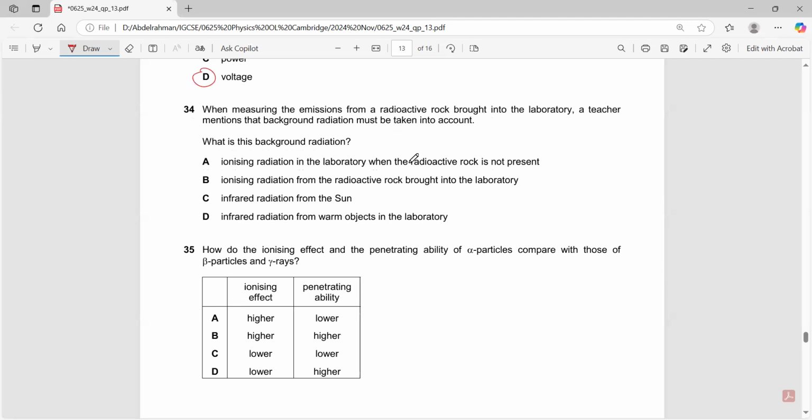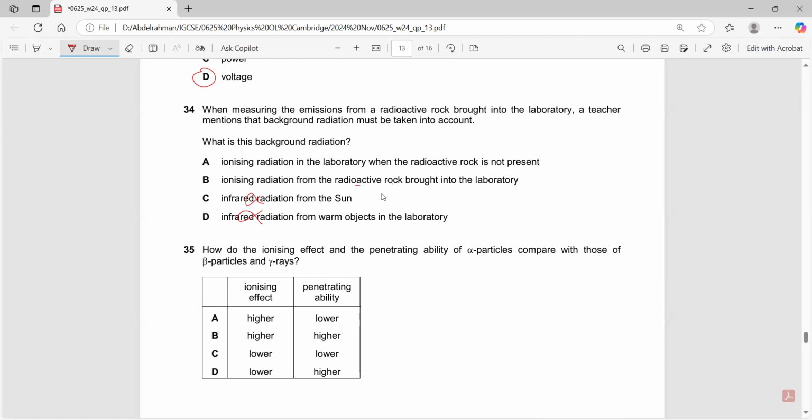When measuring the emissions from a radioactive rock brought into the laboratory, a teacher mentions that background radiation must be taken into account. What is this background radiation? Is it the infrared? No, it's not the infrared radiation, definitely.